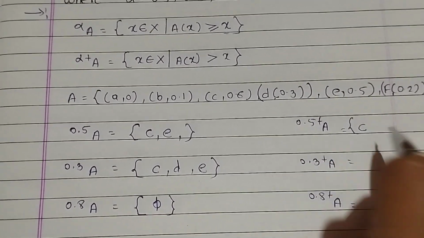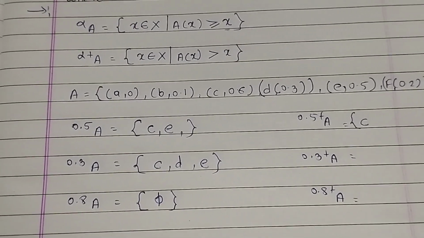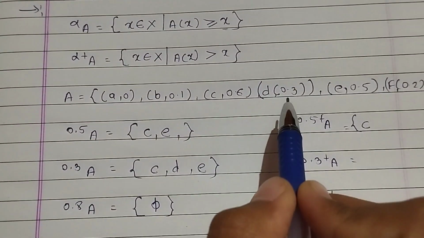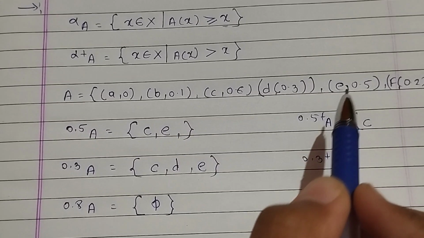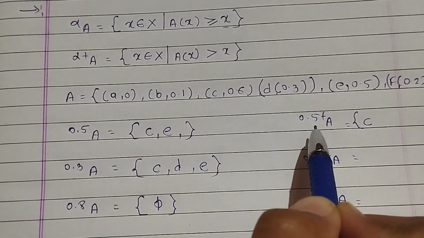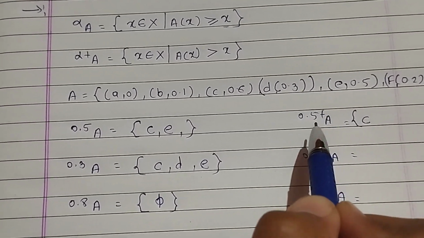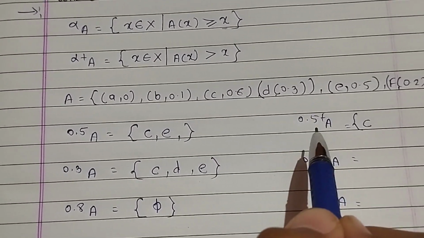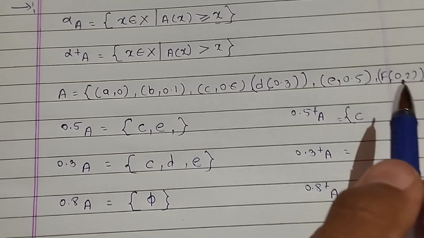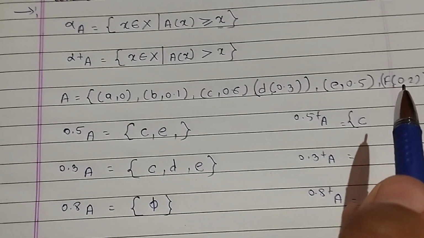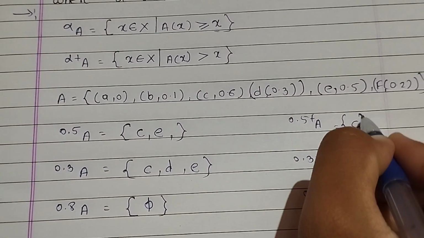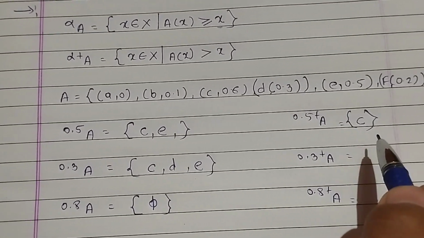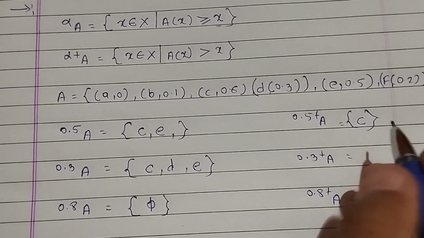Right here, C, that's the value of x. Now, is 0.3 greater than 0.5? No. Is 0.5 greater than 0.5? No, this is equal to. We don't want equal to. Only we want the condition greater than. Again move forward. Is 0.2 greater than 0.5? No. So the set is over here, with only one element.